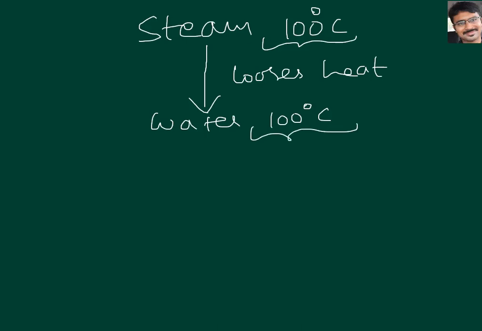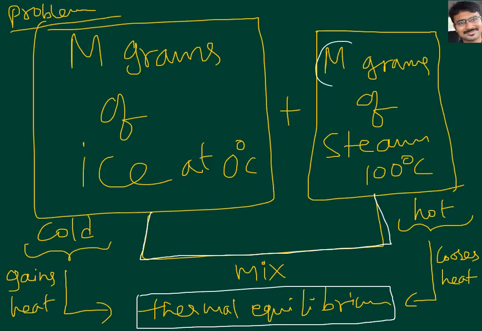So how many grams of steam did they take? Yes, m grams of steam. They have taken m grams of steam and converted it from steam at 100 to water at 100, because in the question they mentioned m grams of steam and m grams of ice.